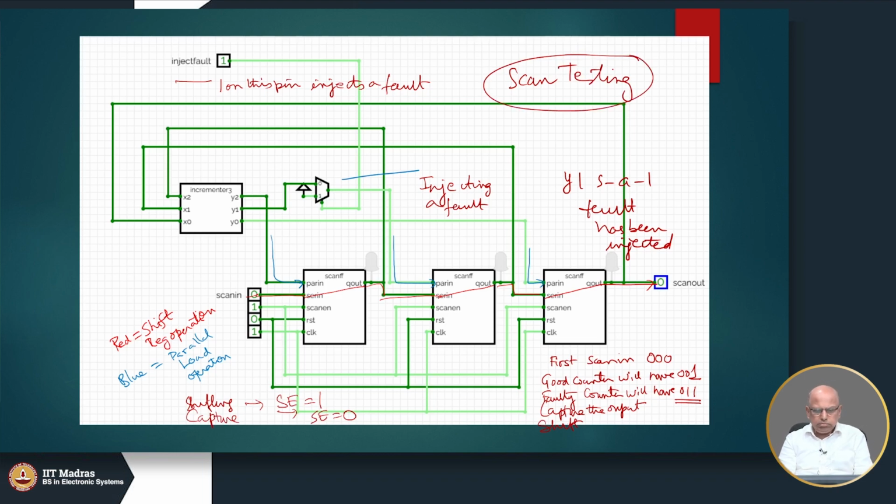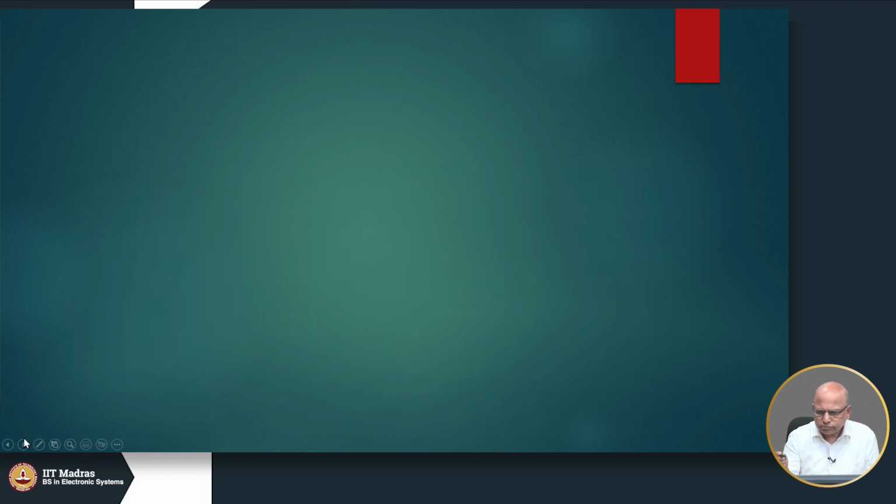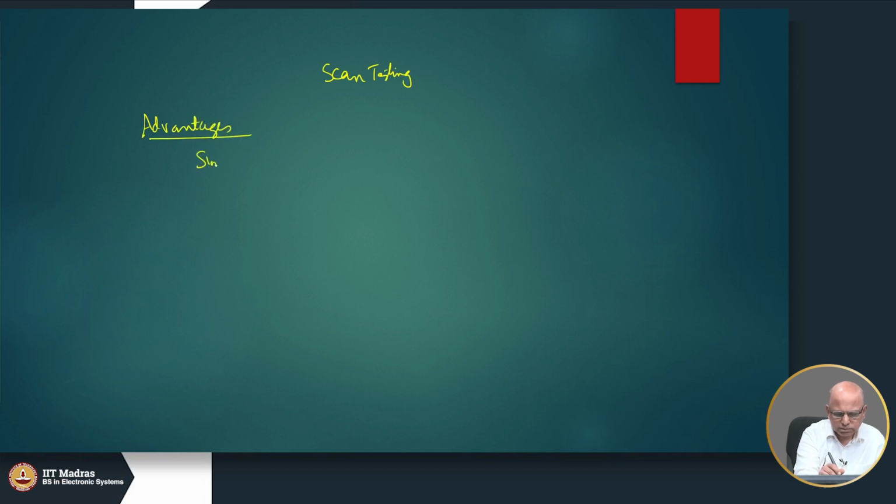What is its advantage? See, scan testing advantages: it simplifies testing of sequential circuits.